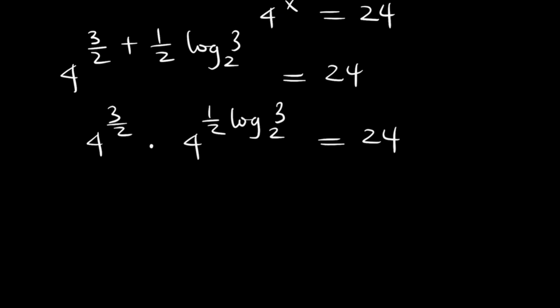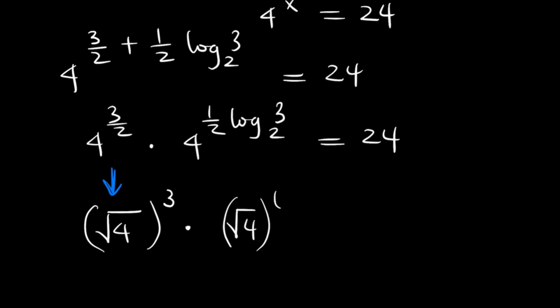And then the first part here can be expressed as the square root of 4 raised to power 3. Then times, we do the same thing for here. We have the square root of 4 but raised to power log 3 base 2. This should still give us 24.